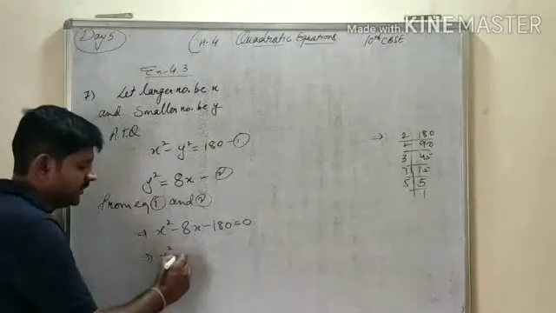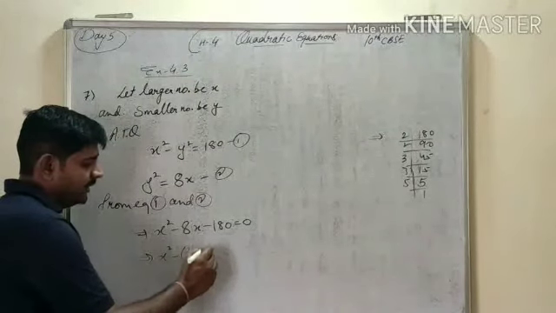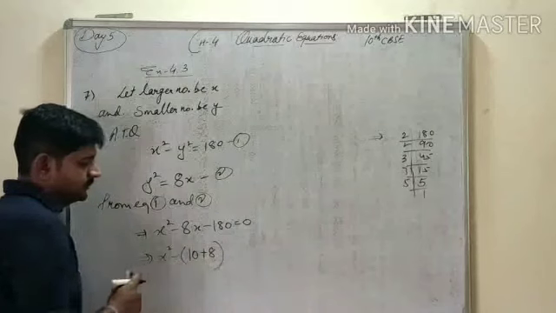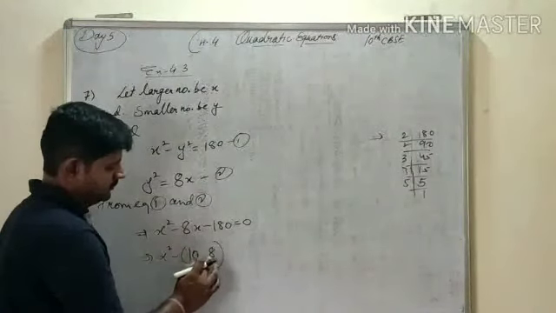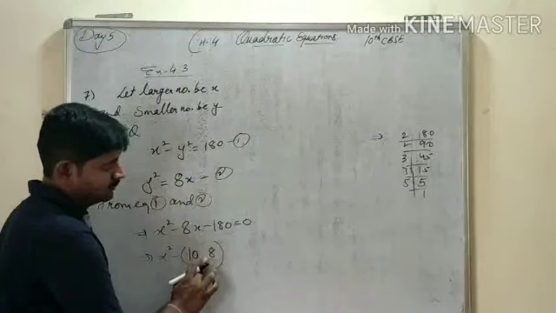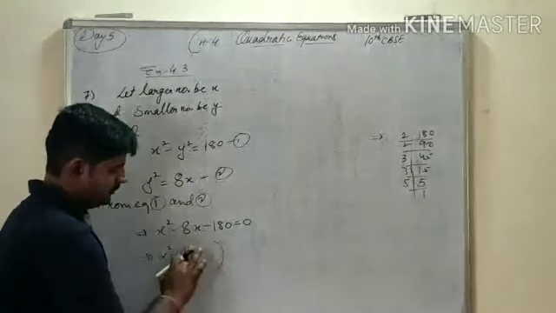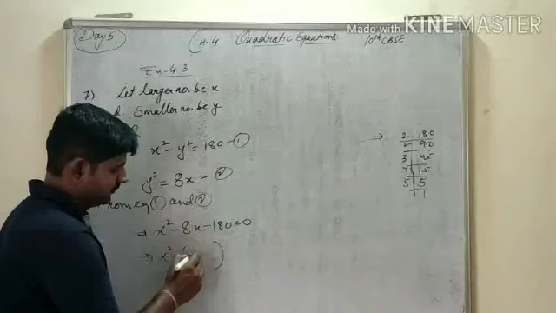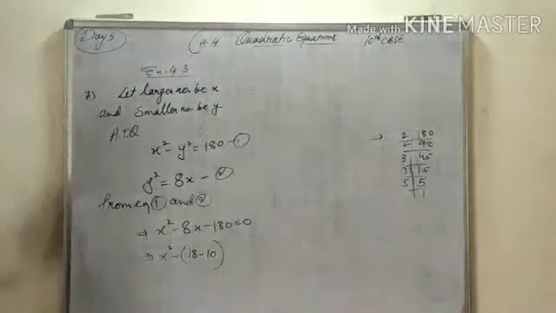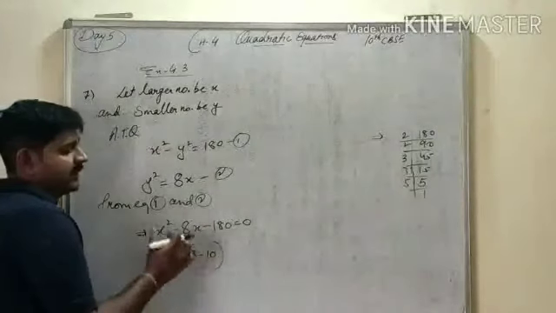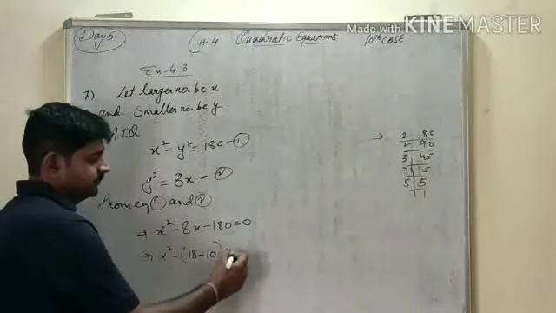So x square minus 10 plus minus 8. There will be minus 10. If we subtract, 8 will be there. If we multiply, 180 will be there.